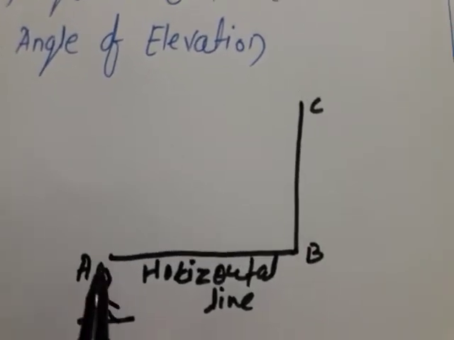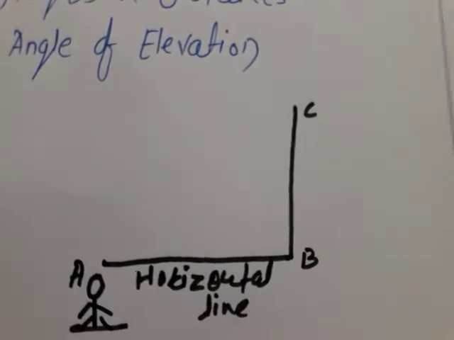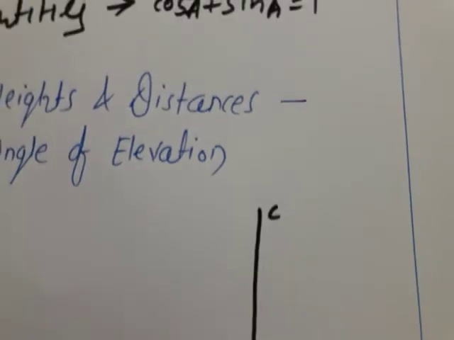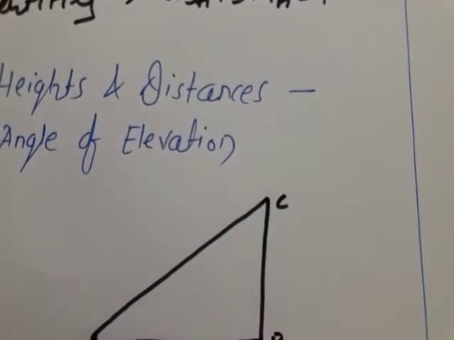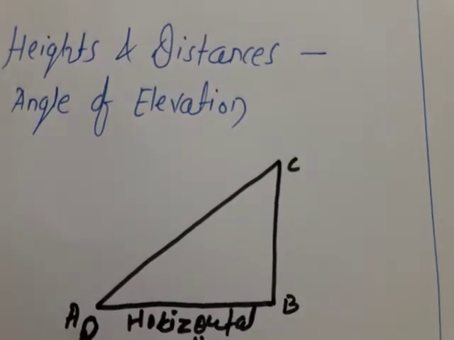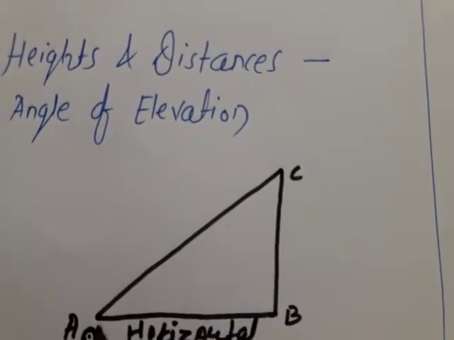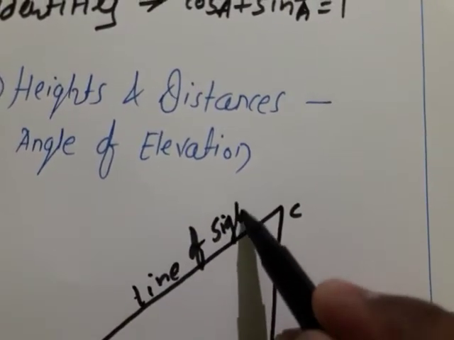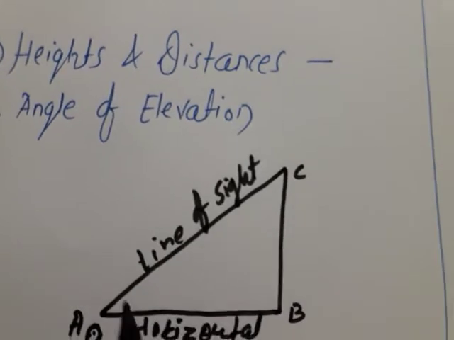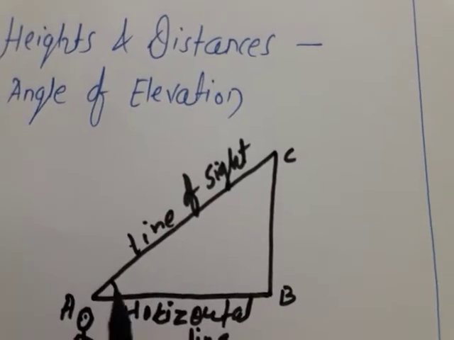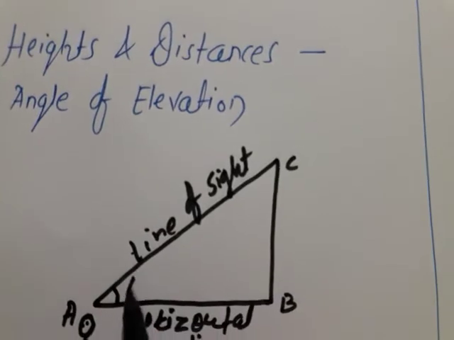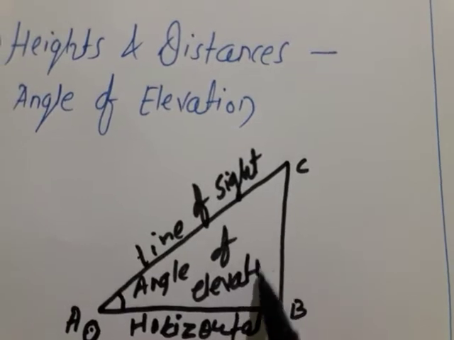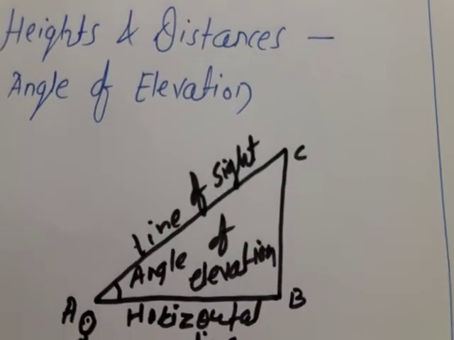But this line is because of the sight of the observer, who is looking towards point C. If we join this, then this line is known as the line of sight. And the angle which is created here at point A is known as the angle of elevation. Got the idea of what I said?